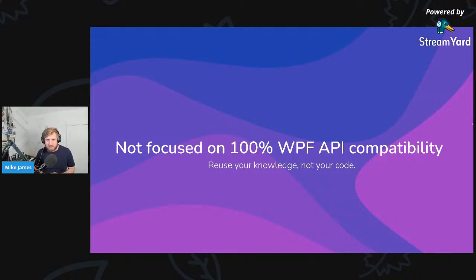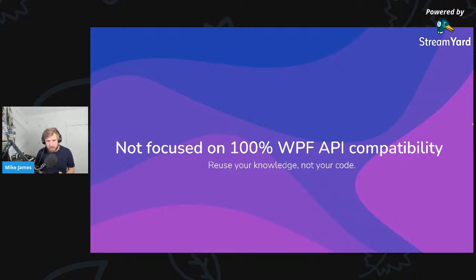Where changes needed to occur and improvements could be made, they've been made. And I think that's an important distinction between something like Avalonia and Uno, because obviously Uno allows you to bring your UWP applications to a similar number of platforms as Avalonia, but it's focused on this API compatibility, which has pros and cons, I think.